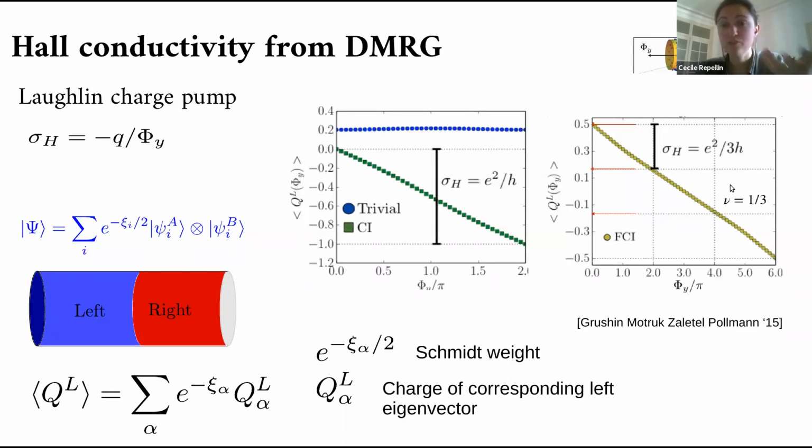And in the fractional Chern insulator case, this was a Chern band of filling fraction 1/3 with interactions, and here you see that to transfer a charge 1 from left to right, it takes an insertion of 6π flux, which tells you that the Hall conductivity is equal to 1/3 times e squared over h.